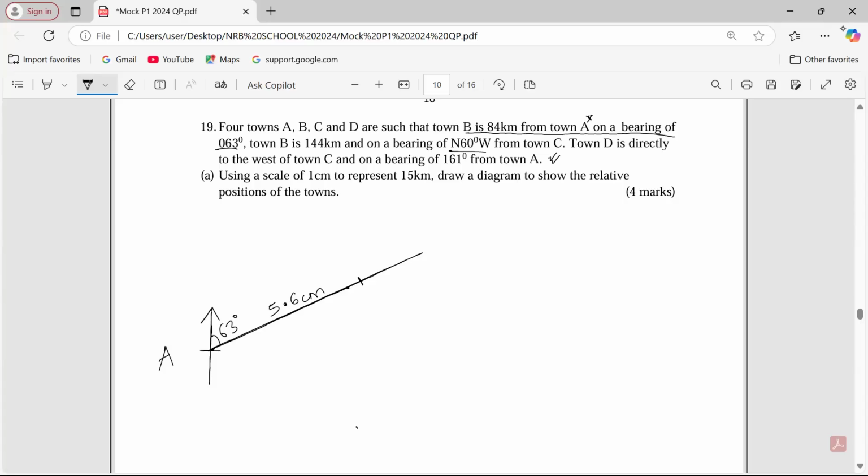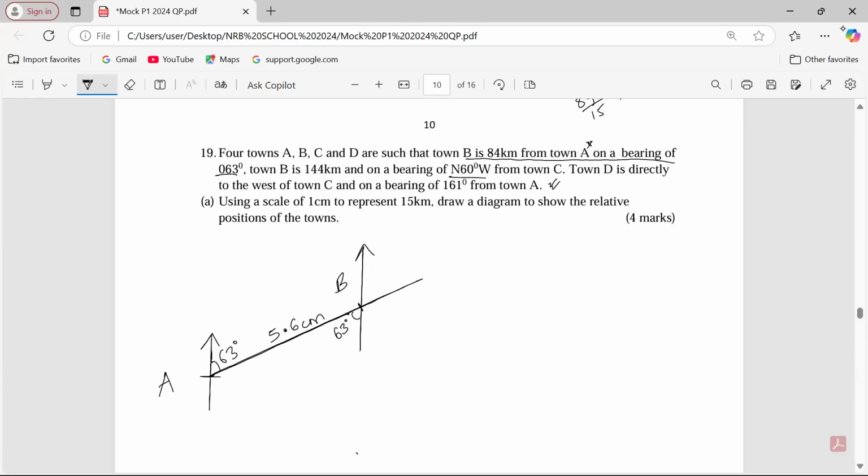Then I raise my compass now, so that the compasses are very parallel to one another, very vertical. So this is my point B. We continue interpreting now. We are done with the first statement. Town B.